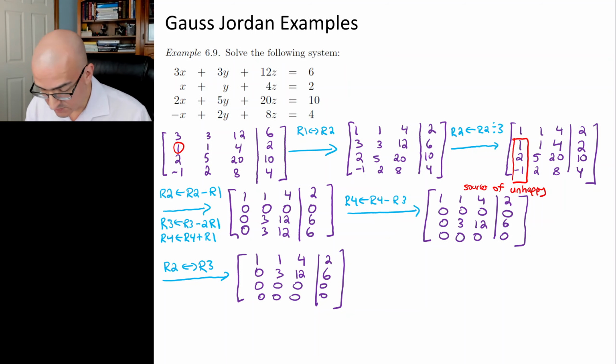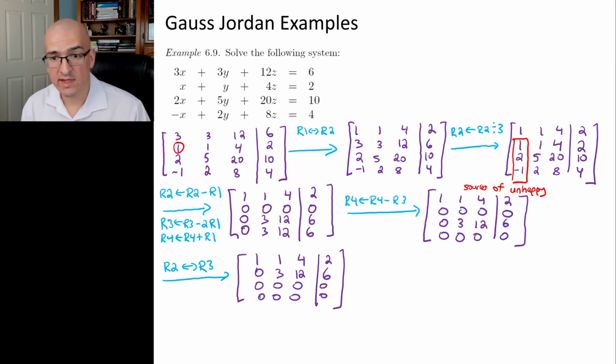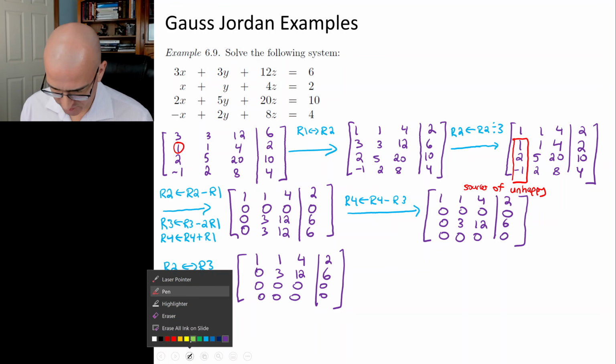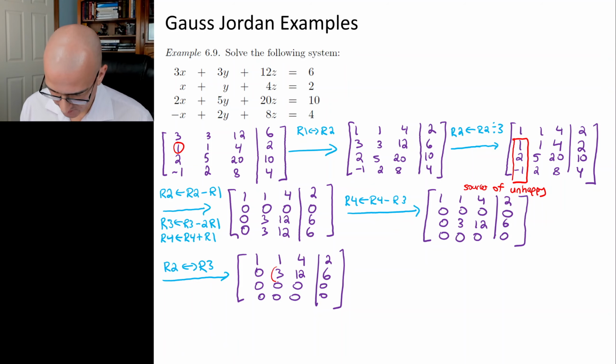Okay, and then the next move. I have a happy leading 1, and yes, I can divide by 3, but I choose not to. We have a source of unhappiness. I'm going to destroy it.